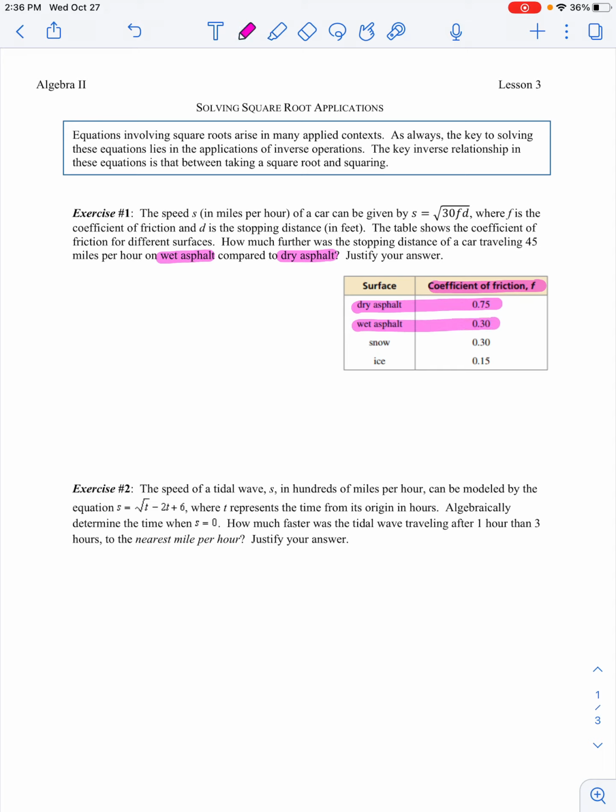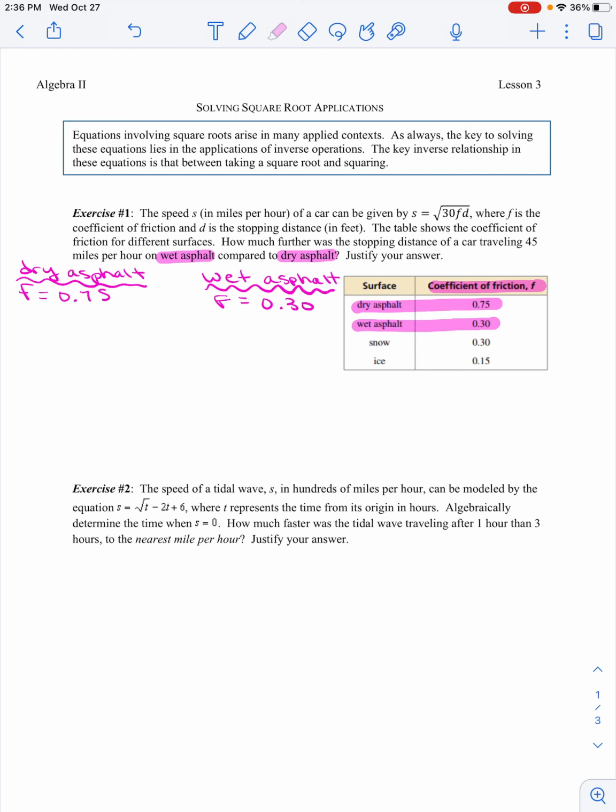We need an F value of 0.75 for one part of the problem. We'll call that dry asphalt. And separately, we need an F value of 0.30 for wet asphalt.